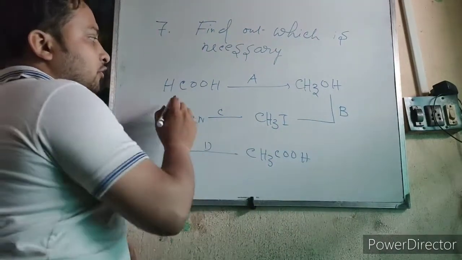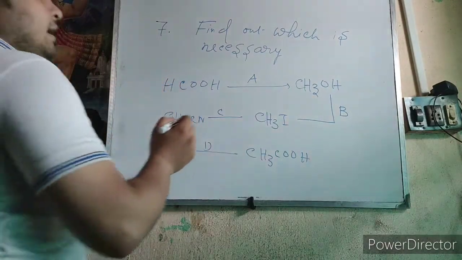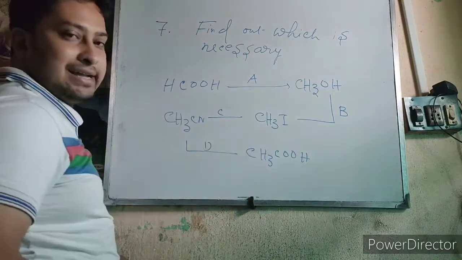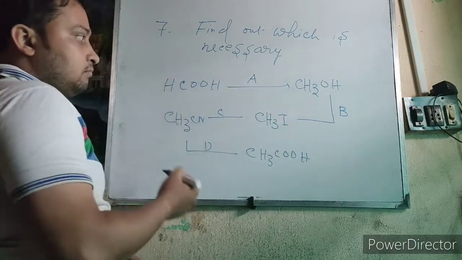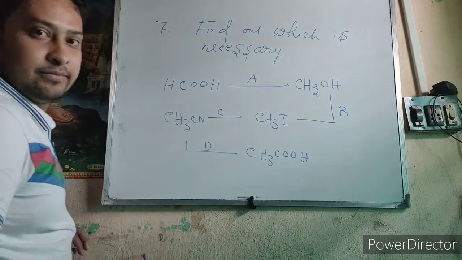So firstly formic acid, then methyl alcohol, then methyl iodide, methyl cyanide, and then acetic acid. So this is the formation from formic acid to acetic acid.